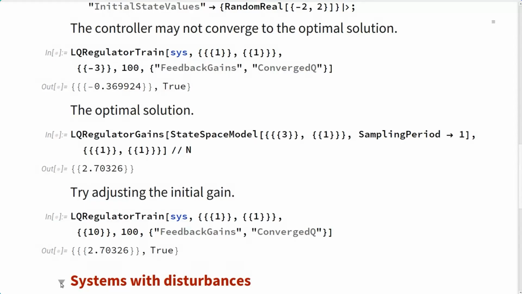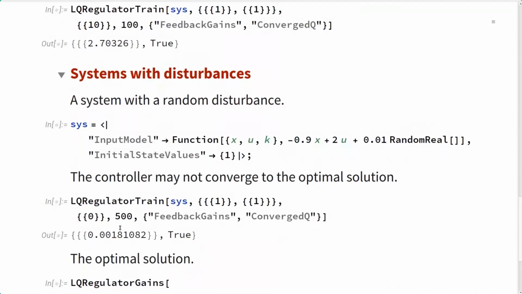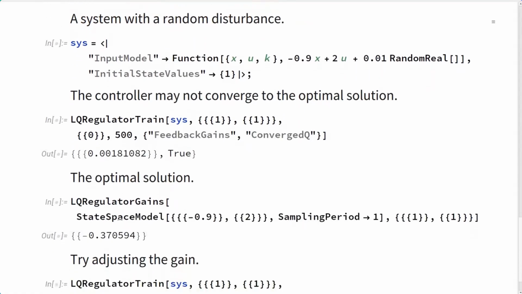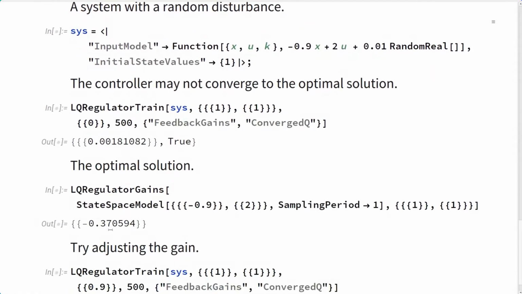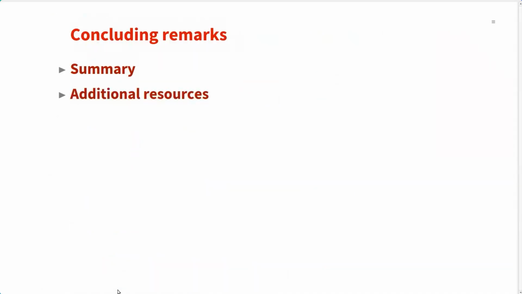The same thing for systems with disturbances. There's a system and I gave it some random disturbance, and with an initial gain of 0, it did not converge to the optimal gain. Again, we have to adjust the initial gain to get it to converge to the actual value. So this is a key thing, that the initial gain that we start with is important.